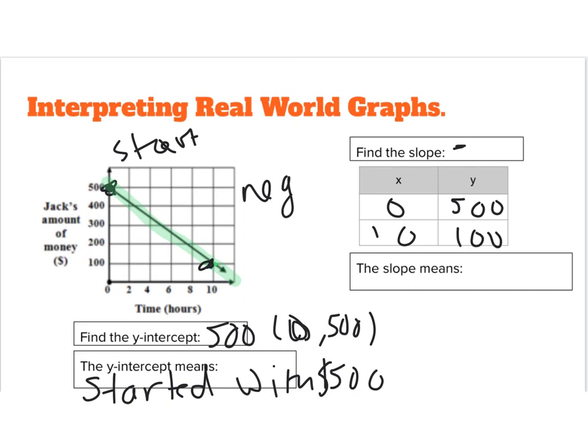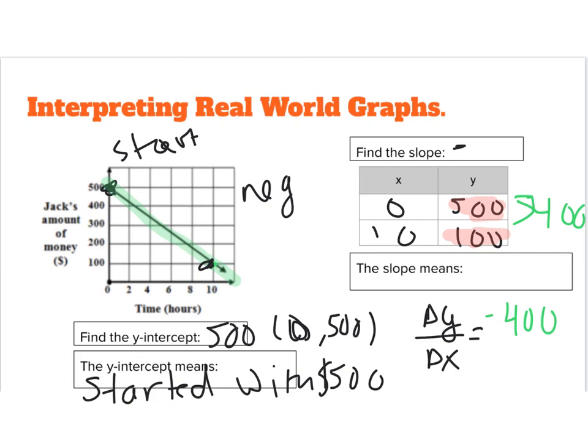So now we need to find our slope using our change in y over our change in x. Here I see as my y's move, I start at 500, I go to, it's a decrease going down of 400. So I have a negative 400 as my delta y.